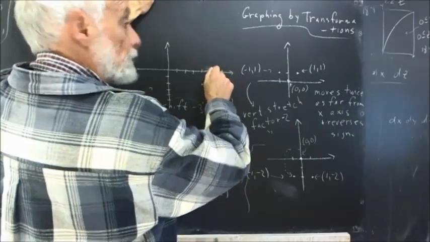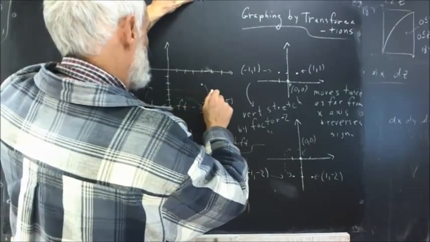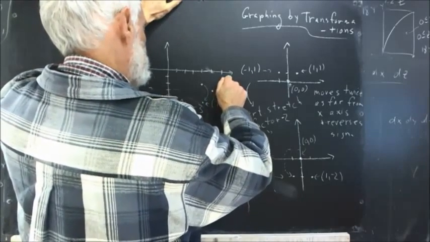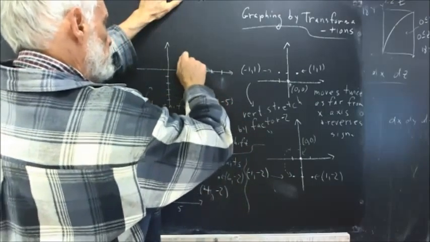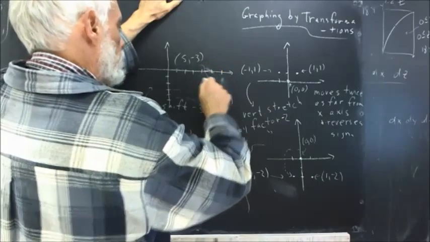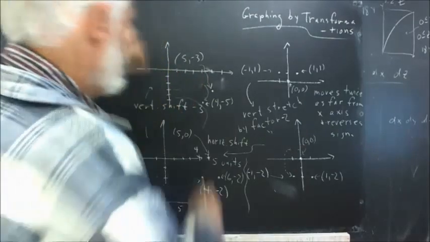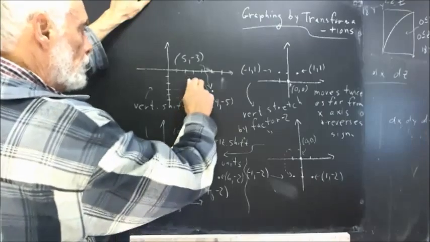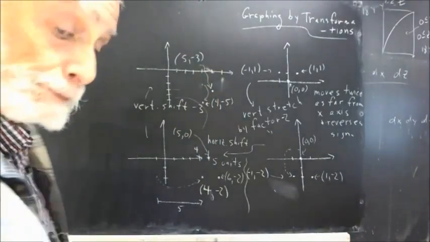So 5, 0, which would have been right here, is going to shift down to 5, -3. So here we have the point. That's a bad place to label it. 5, -3. Now this point here was drawn a little too heavy. This represents the point 4, -2, where the graph was, where it's being shifted to.